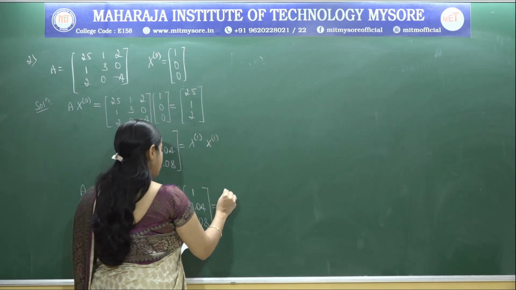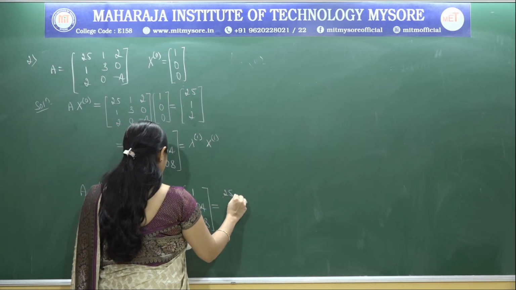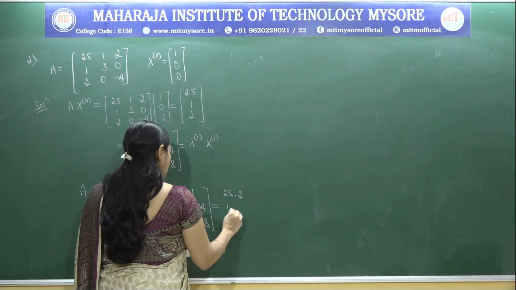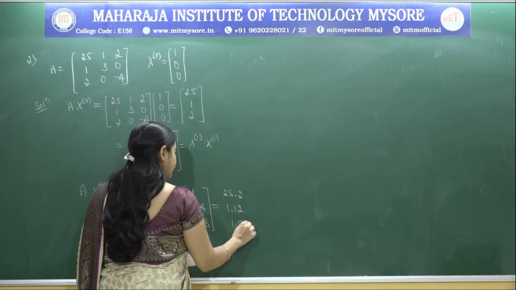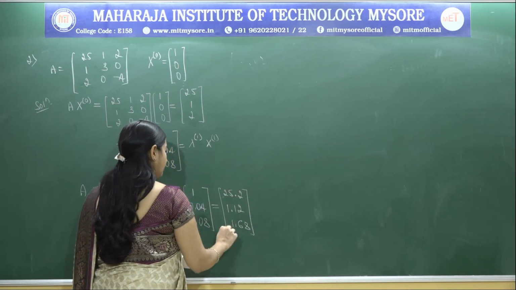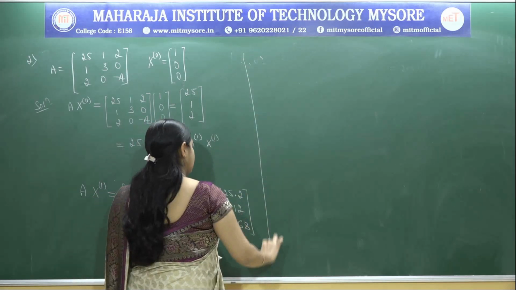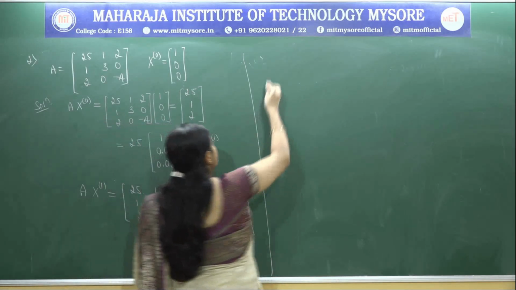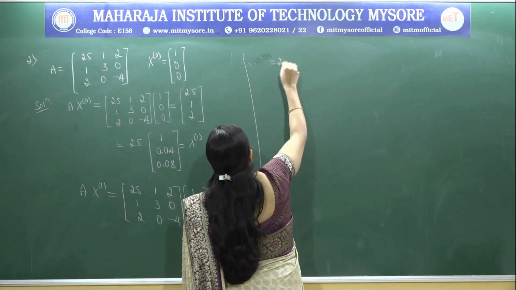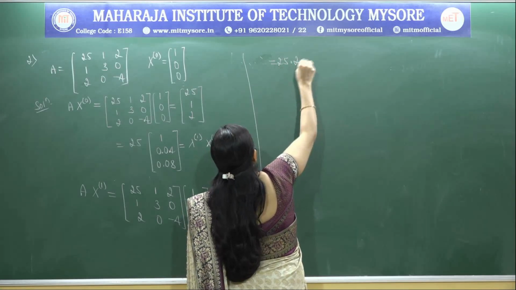Calculate this, you will get the first one 25.2, then 1.12, then 1.68. So in this, the 25.2 is the largest entry. Take that as the common factor 25.2.